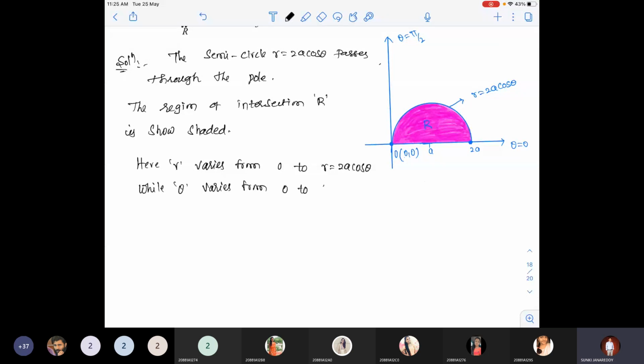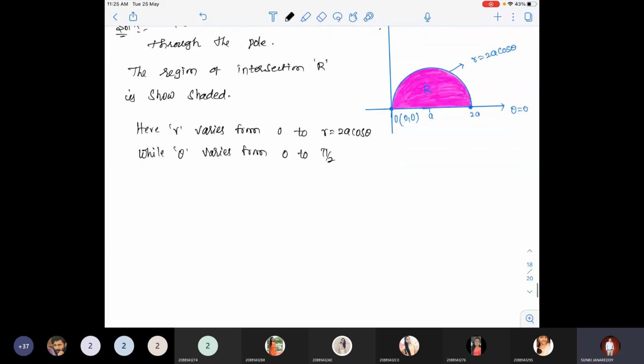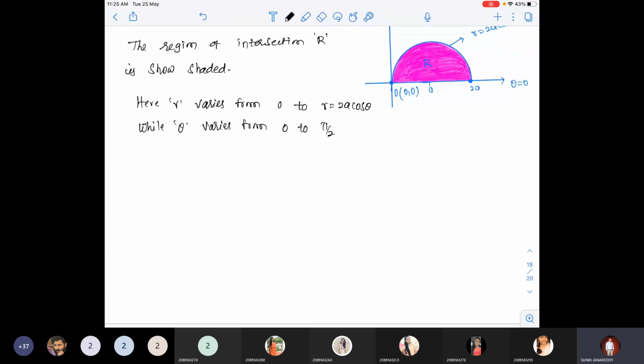Integral over r, here r square into sin theta into dr into d theta, that one is equal to integral theta is equal to 0 to pi by 2, next integral r is equal to 0 to 2a cos theta, r square into sin theta into dr into d theta.